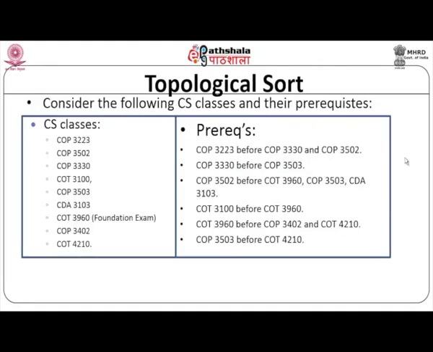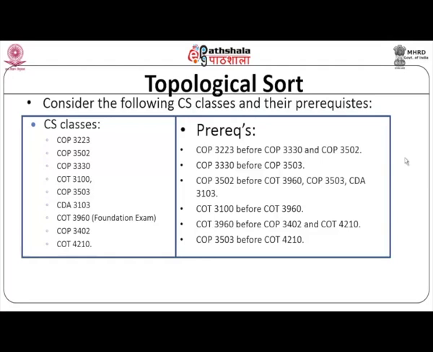Now, consider the following CS classes and their prerequisites. So, here you have the classes and the prerequisites are given. If you want to take 3330, you should have finished 3223 and 3502. The third can come only after the first two, and then 3330 should come before 3503, 3502 and so on.